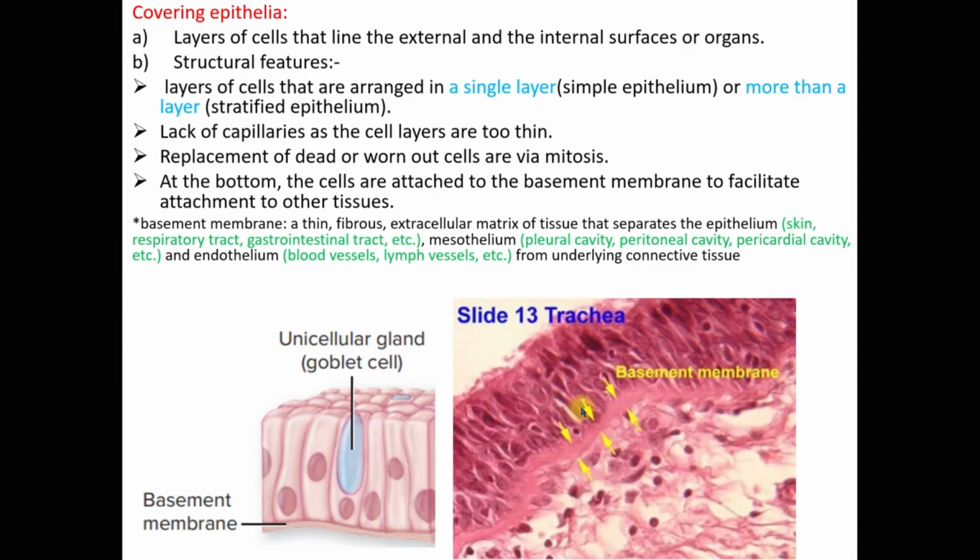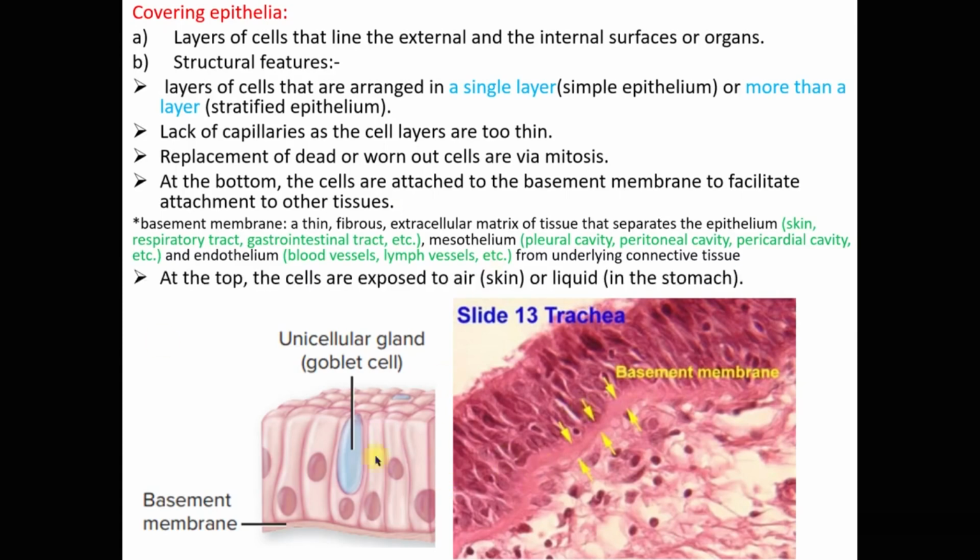Examples of epithelium are the skin, respiratory tract, and gastrointestinal tract, while mesothelium is like your pleural cavity, peritoneal cavity, and pericardial cavity, while endothelium would be like your blood vessels and lymph vessels, for example.